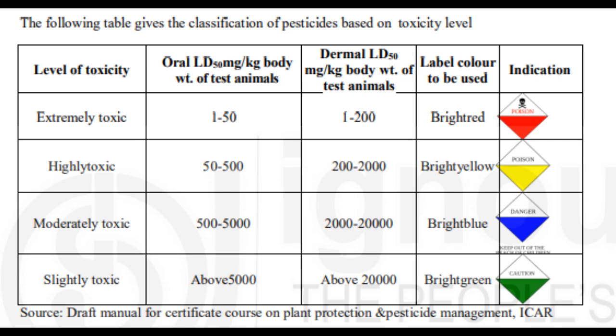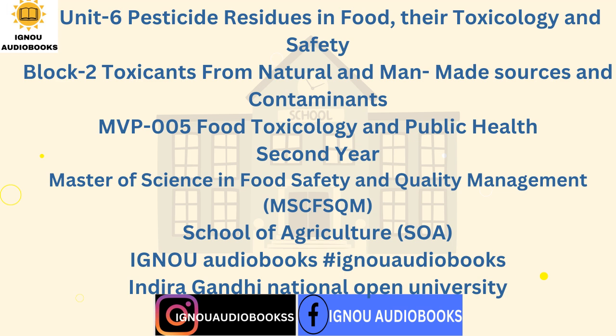Here are a few examples: pyrethrin, derived from chrysanthemum flowers, commonly used in household insect sprays and pet shampoos; rotenone, extracted from the roots of certain plants, such as the jicama vine, a broad-spectrum insecticide that interferes with the cellular respiration of pests; neem oil, derived from the seeds of the neem tree, contains several active compounds, has insecticidal, fungicidal, and miticidal properties, widely used in organic farming.